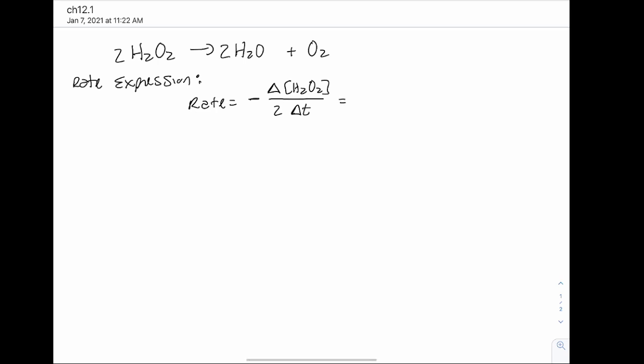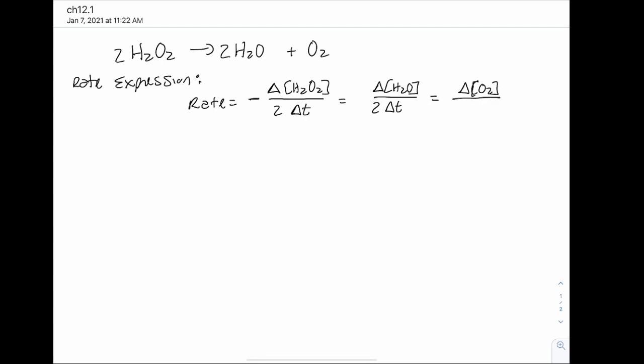That's equal to my change in water concentration. This time it's appearing, so I'm going to have a positive value. And there's also 2 of those, so I can put a 2 down below, or you could put a 1/2 in front of it. That was equal to my change in concentration for oxygen.